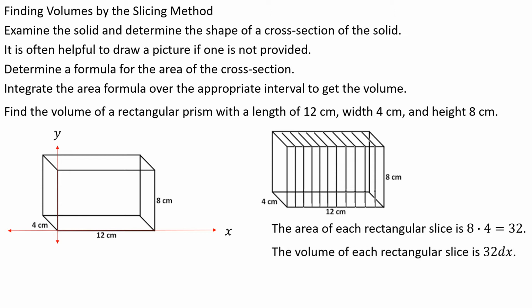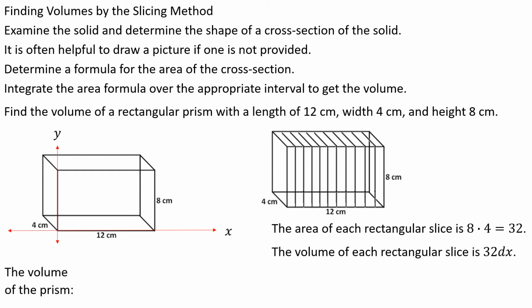Well, remember the thickness of each slice is delta x, or dx. So if the area is 32, and I multiply it by the thickness, dx, all of a sudden I got volume, right? Area of the base times the height, that gets me volume. So the volume of each one of those very thin slices is 32 dx.